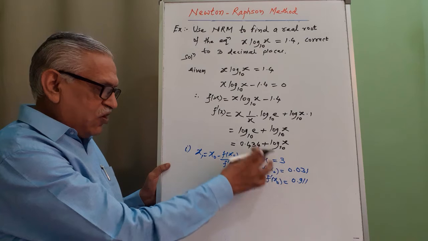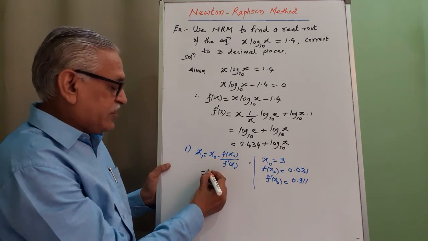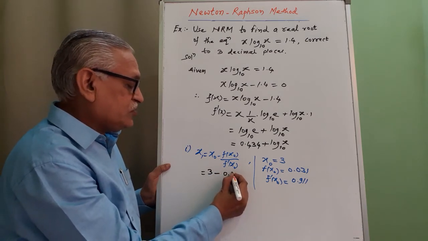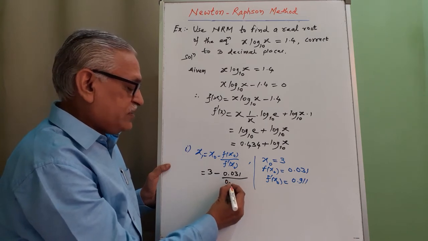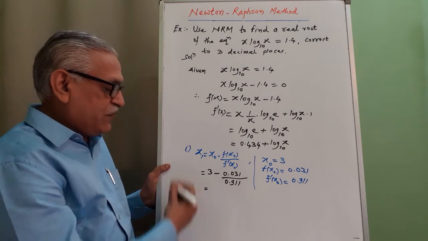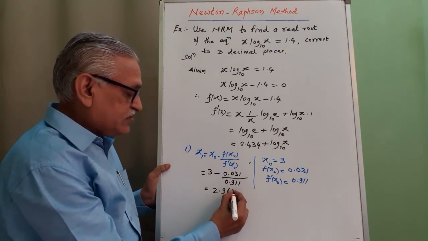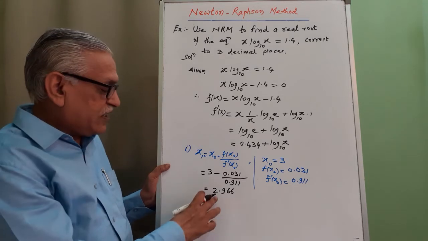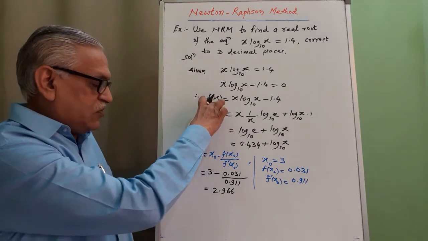Using all these values in the formula, with x0 as 3, f of x0 as 0.031, and f dash as 0.911, if you simplify it, it is 2.966.